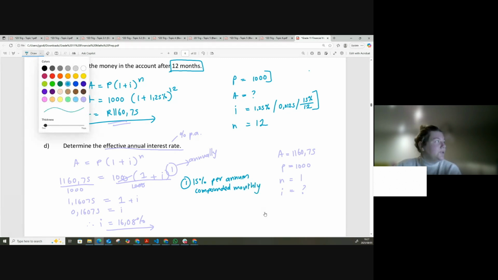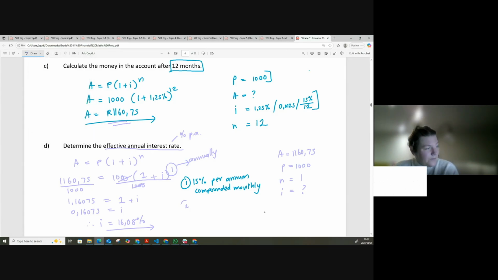And option 2 would be 16,08% per annum, compounded annually. That's what the 2 differences would be. Make sense? Does it make a bit more sense?